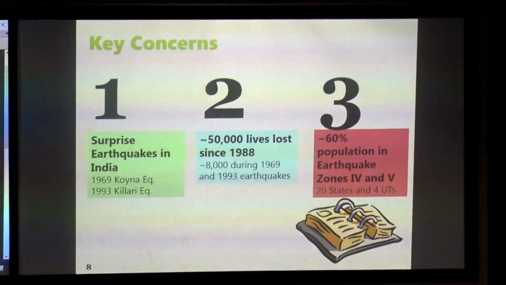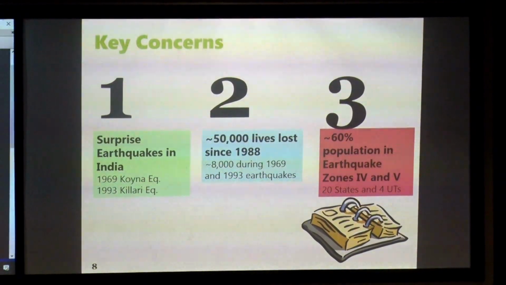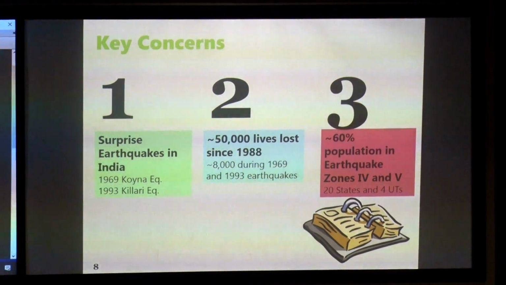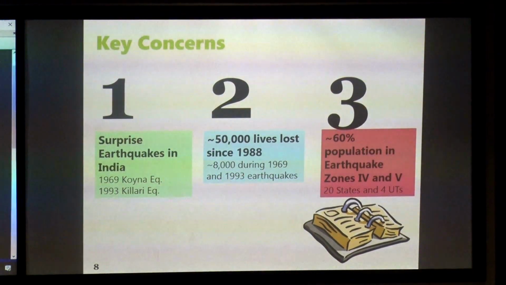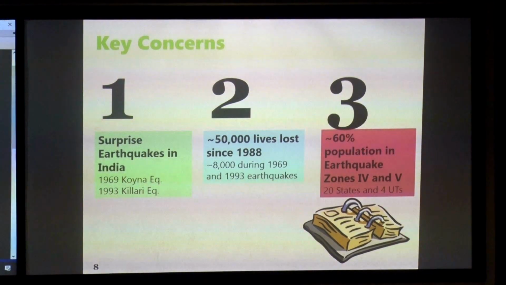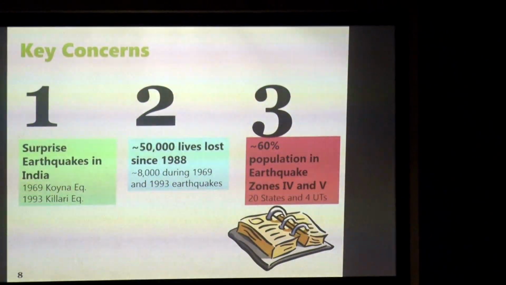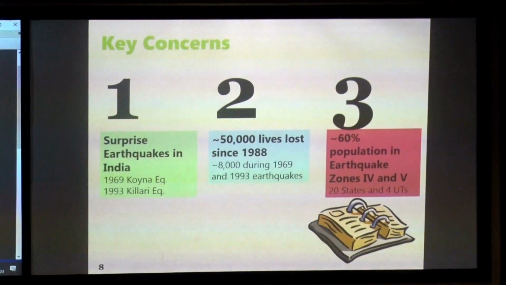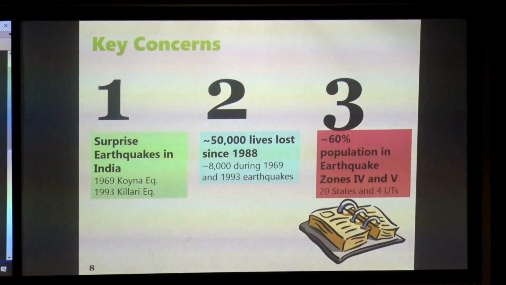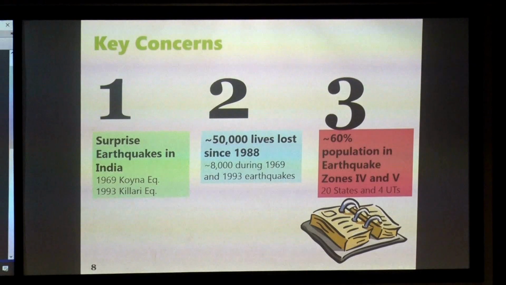What is the motivation? Of course, we have had 1893 for the last 5 decades, but then we have also had surprise earthquakes in India. We have had lives lost and properties lost in many of these earthquakes. But the most interesting thing is that today more than 60% of the population is living in the higher seismic zones.